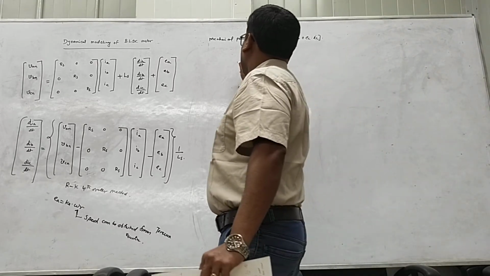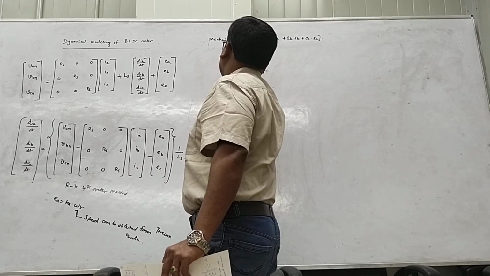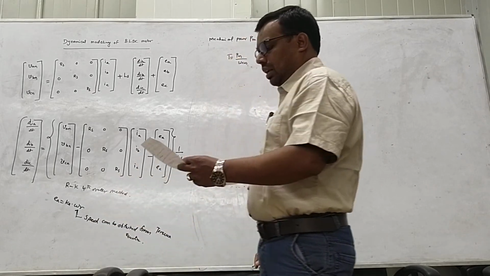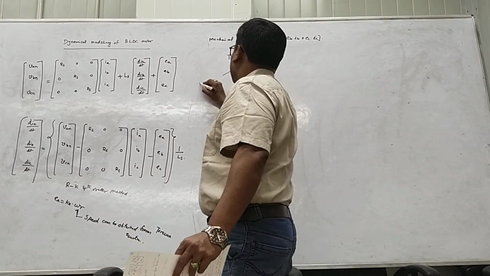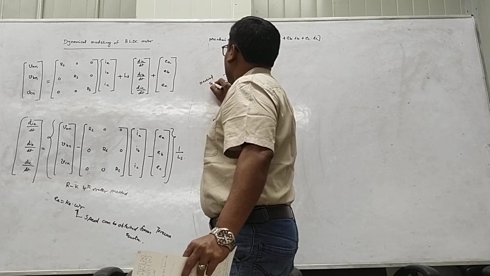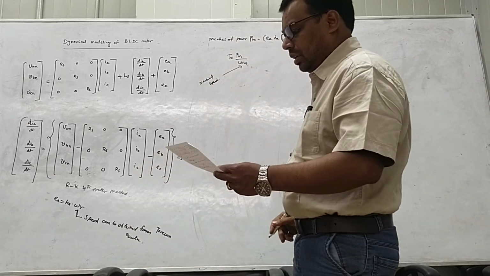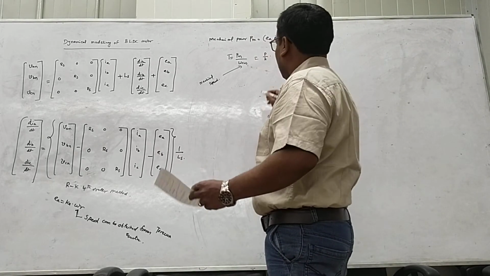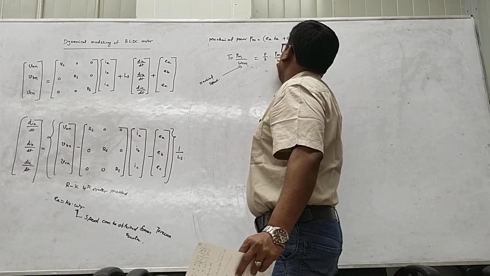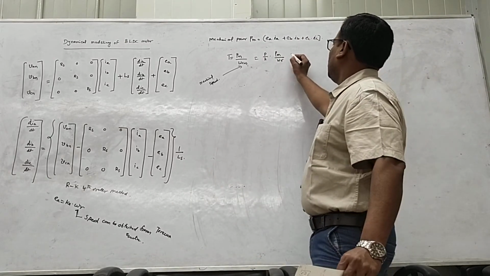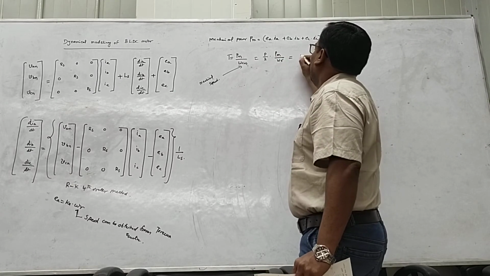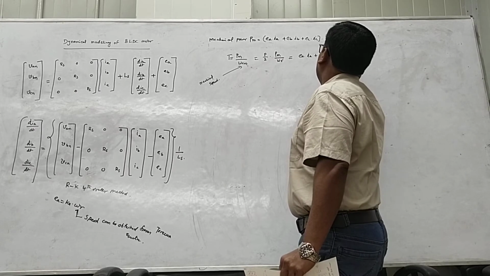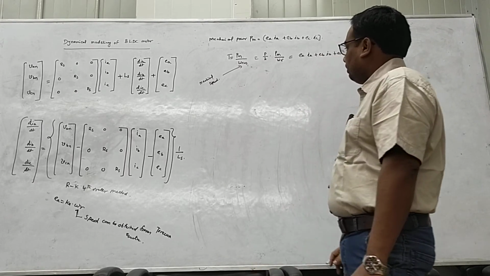You know the torque expression: torque is equal to Pm by omega Rm, where omega Rm is the mechanical speed. Now we need the electrical speed, so that is equal to P by 2 into Pm by omega R, where Pm is EA into IA plus EB into IB plus EC into IC.